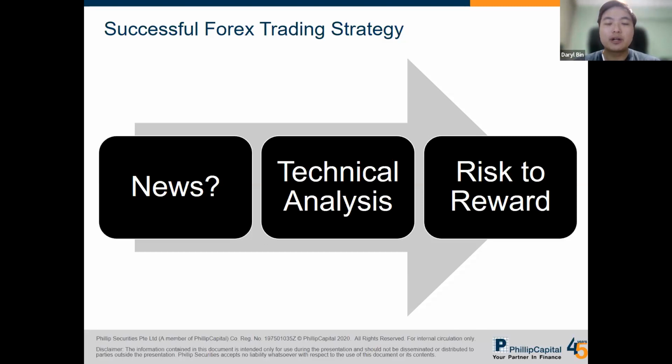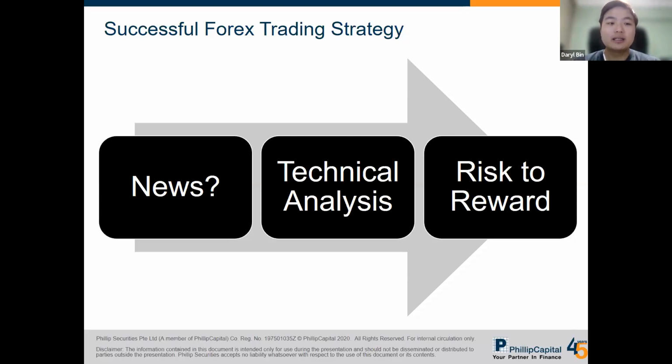Some traders like to trade with the news, while some traders hate to trade with the news. This is entirely up to your own trading strategy. Personally, I avoid trading with the news. So if there's anything happening today for this particular pair, I will avoid trading for that day, or rather, I'll trade another day when there isn't any news.